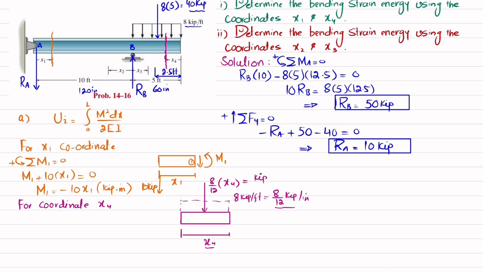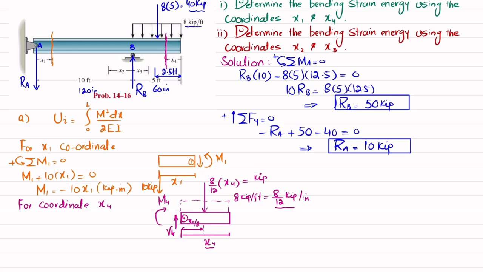And that will act at a distance of x4 by 2 from either side. When you cut it, you will have a shear force V4 and a clockwise moment, M4.